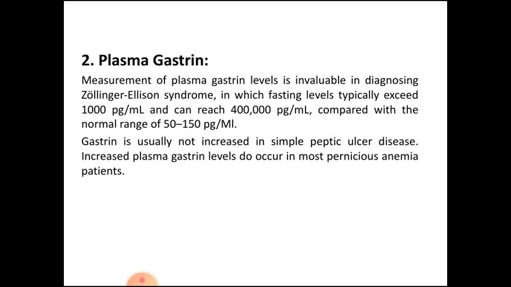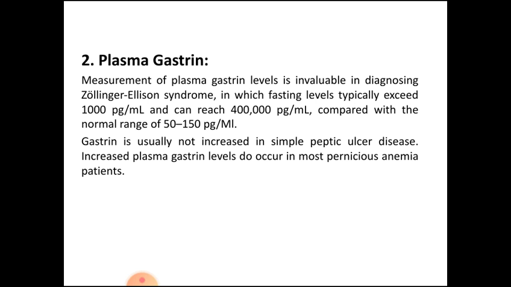Number two, we can do the plasma gastrin. Measurement of plasma gastrin level is valuable in diagnosing Zollinger-Ellison syndrome, in which fasting level typically exceeds 1000 picogram per ml and can reach 400,000 picogram per ml, compared with the normal range, which is between 50 to 150 picogram per ml.